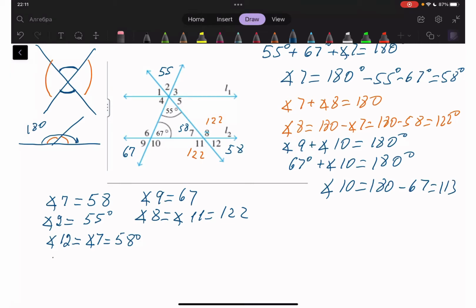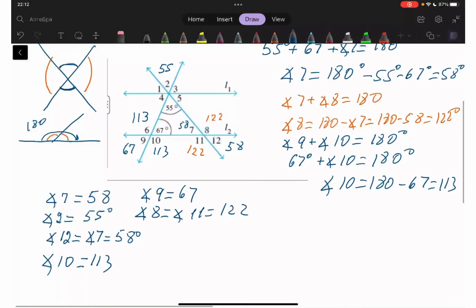So I'm writing down angle 10 is equal 113. And if angle 10 is 113, then angle 6 is equal angle 10, right? Also 113. So from here we can write down that angle 6 is equal angle 10 and it's equal 113.